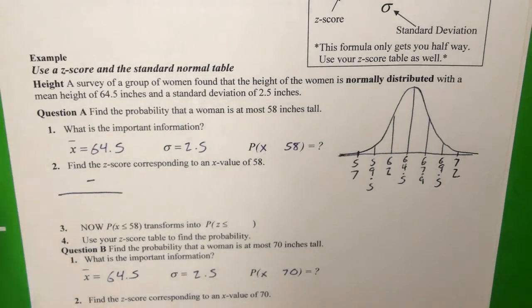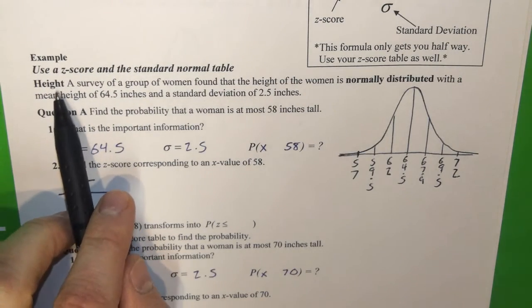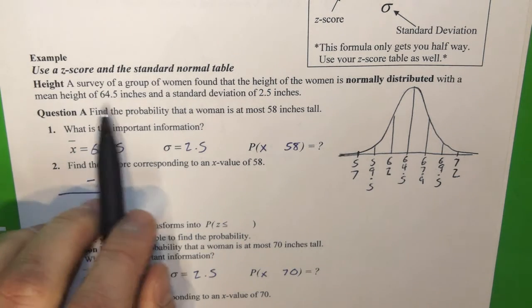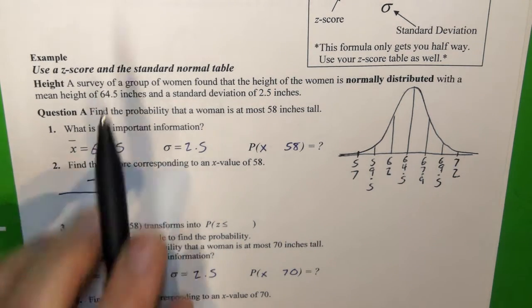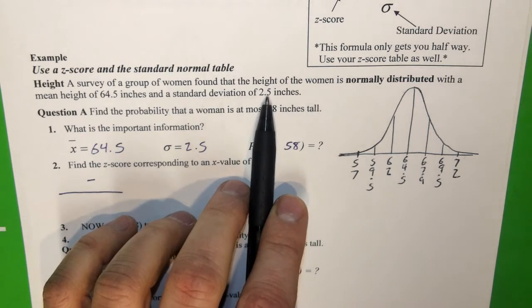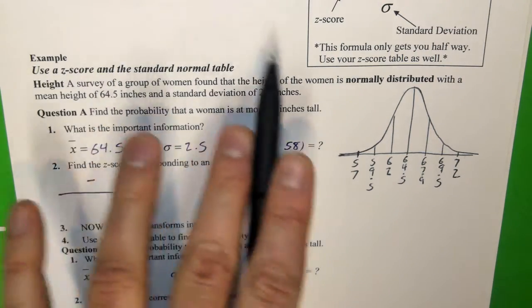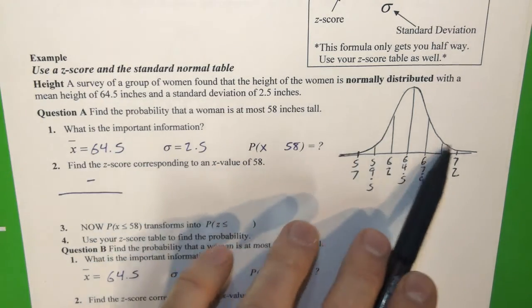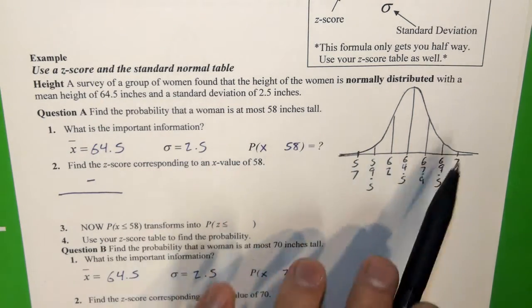So we're going to skip down here to our first example problem for a couple of seconds, and then we'll jump back. Right here, it says that we're talking about a survey of heights for some women, and we find out that the mean height is 64.5 and the standard deviation is 2.5. Now all of this sounds very normal. This is exactly what we had seen in the first video, and so what we would typically do is draw ourselves a bell curve.